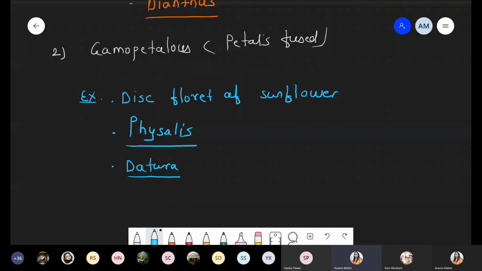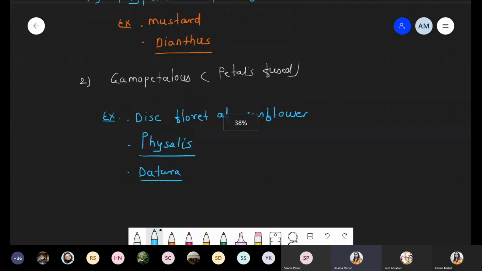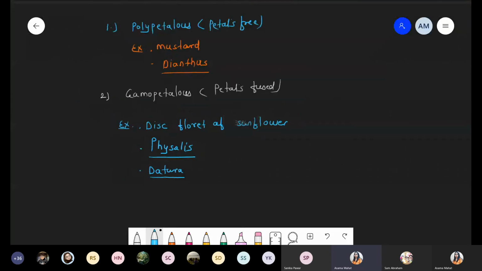There are more examples, Ocimum, Salvia, dog flower. I think these three examples are sufficient for gamopetalous, because when we discuss the types of gamopetalous, at that time we'll discuss in detail. Got it?